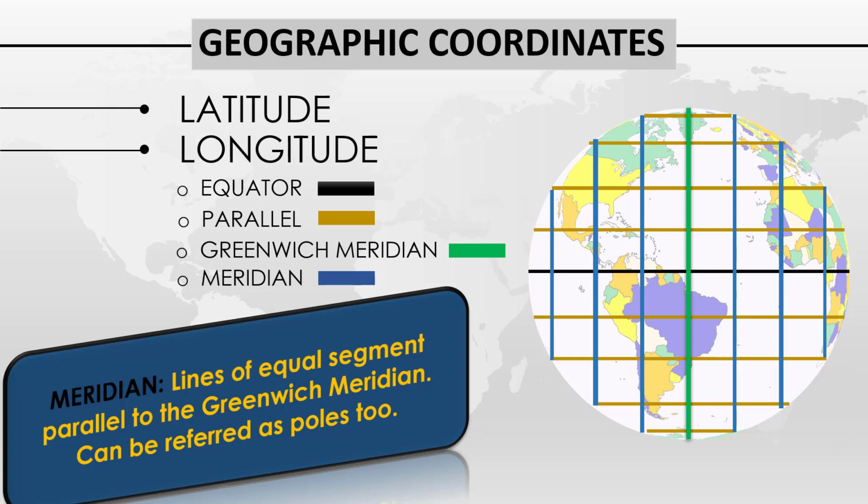The left hand side is the western hemisphere and the right hand side is the eastern hemisphere. And the meridians are lines that are parallel to the Greenwich Meridian. So these are the terms we need to understand in order to be able to define latitude and longitude.